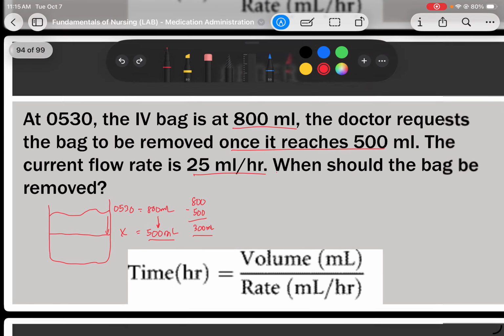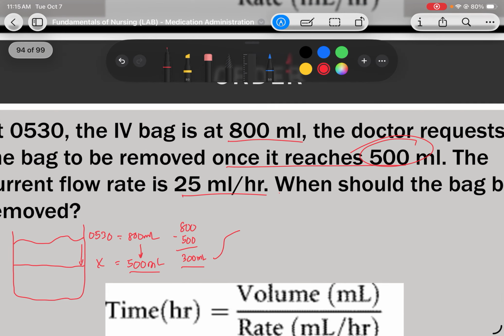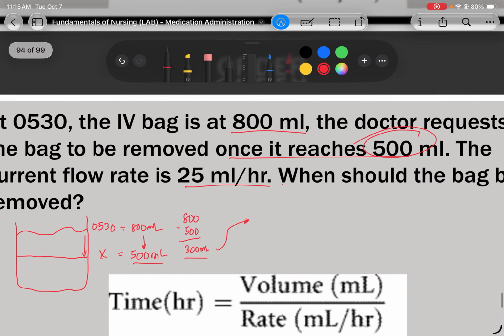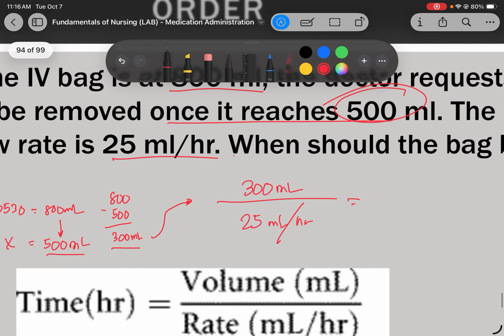It means we need to infuse 300 ml before it reaches 500 ml. Do you understand? Before it reaches 500 ml. Once we have that 300 ml, that is now our volume. So we can now compute. Our volume is 300 ml over the rate, which is 25 ml per hour.